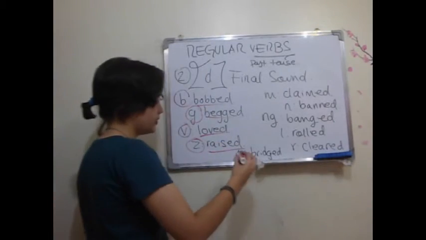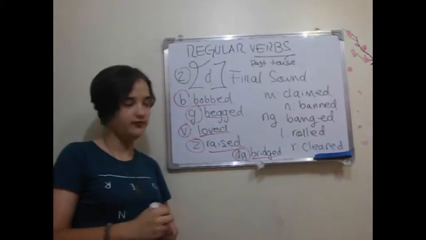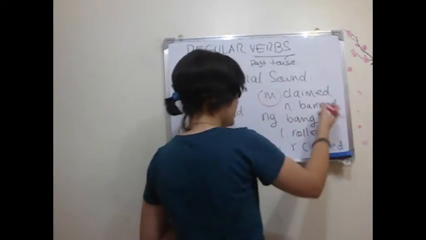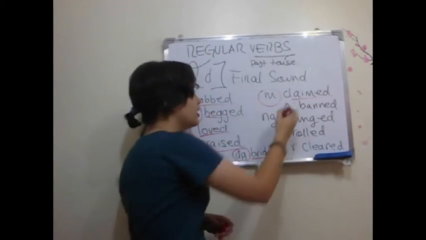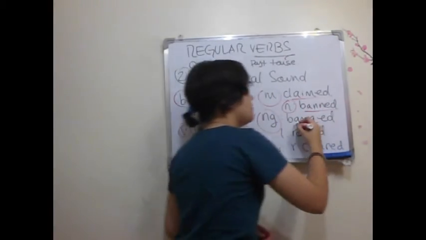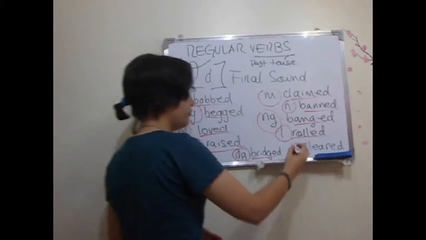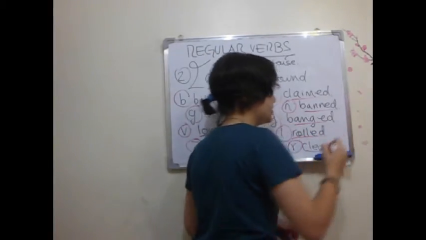Rised. The G, bridged. M, claimed. N, vanned. NG, vanged. L, rolled. And finally R, cleared.